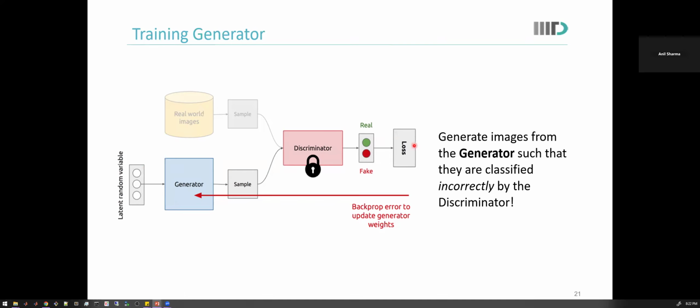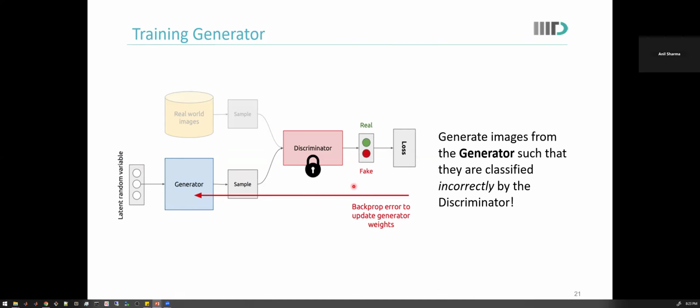If we have generated a fake-looking sample, the loss will be very high, and this goes to the generator: I have generated a very bad image. If it looks like a real image, the loss will be very low, and the feedback says this is very close to the real sample. This is how the generator and the discriminator work.